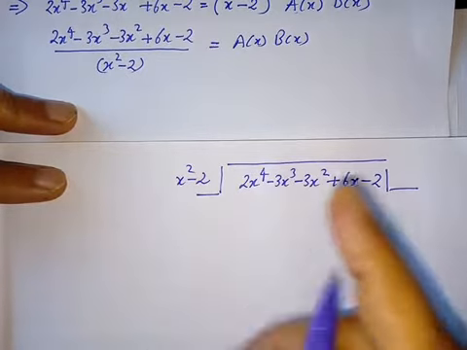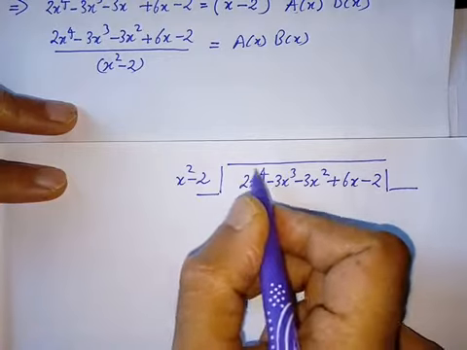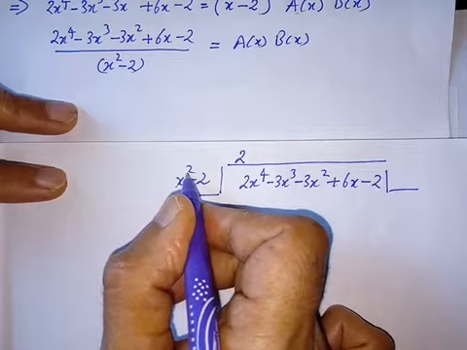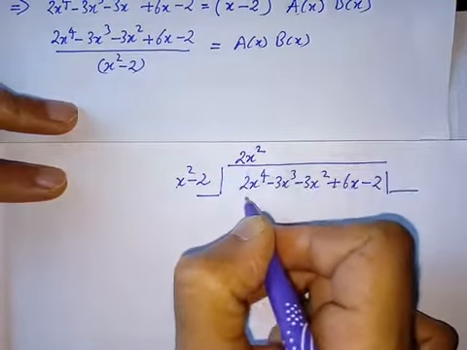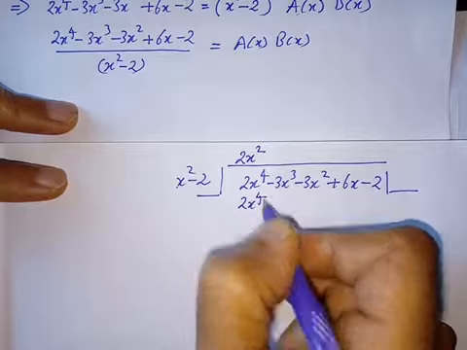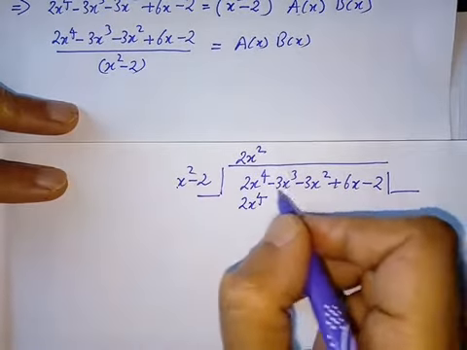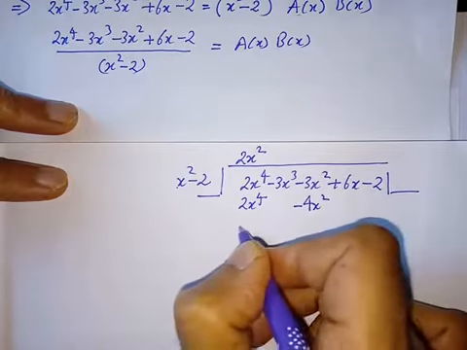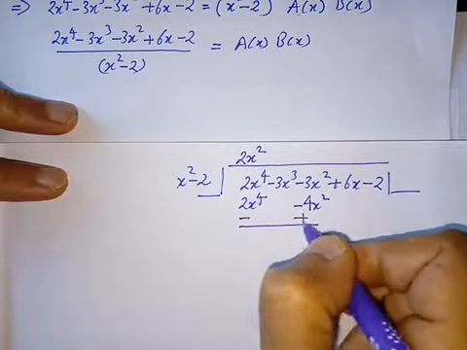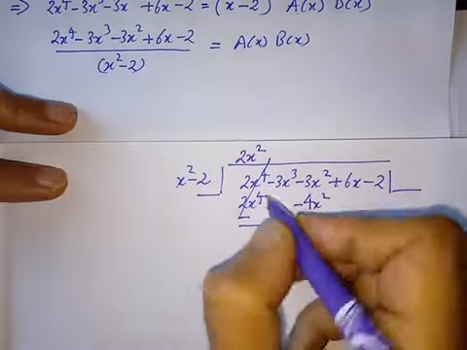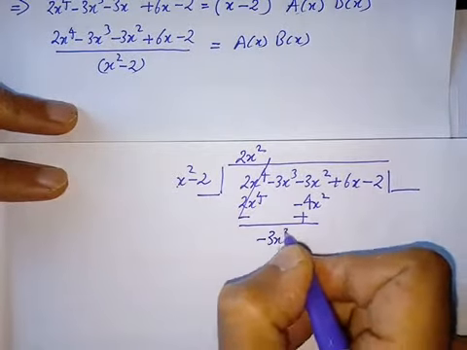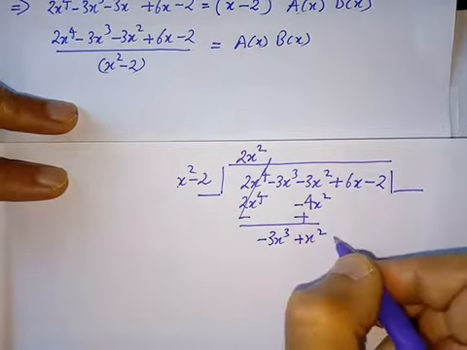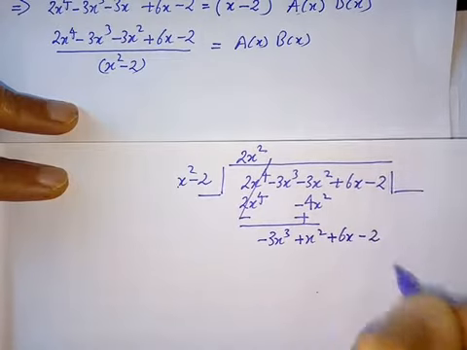Both polynomials are in standard form, that is, in descending order of the degree of their terms. The coefficient of the highest degree term is 2, here 1, so 2. The highest degree is 4 here and 2 there, so x square. So we get 2x square, and 2x to the power 4 minus 4x square. On solving this, the 2x to the power 4 is reduced to 0, whereas we are left with minus 3x cube, and here plus 4x square because minus 4 has a negative sign, plus 6x minus 2.